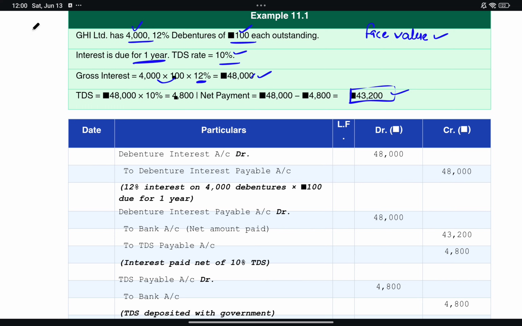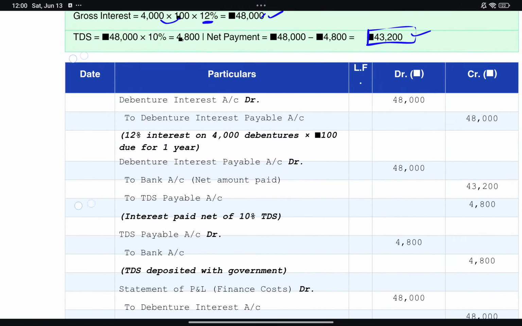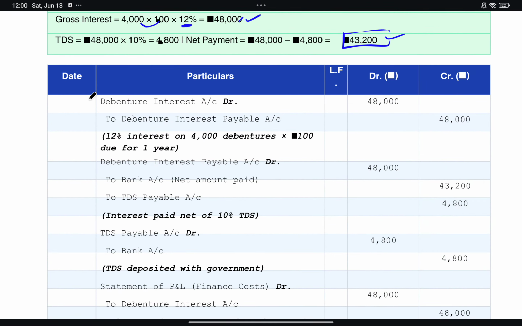First of all we have to do all these working notes, then we will start our journal entries. So the first entry was to make the interest due. Debenture interest account debit, as it is an expense, to interest payable, total 48,000. Got it? And from this 48,000, TDS will be deducted.